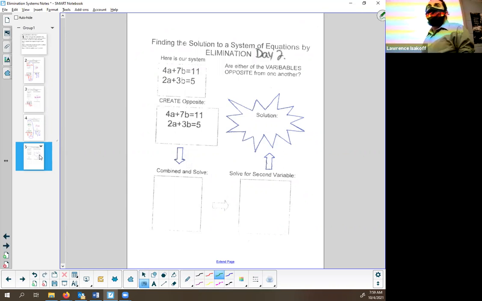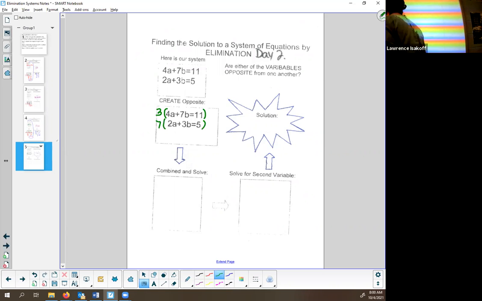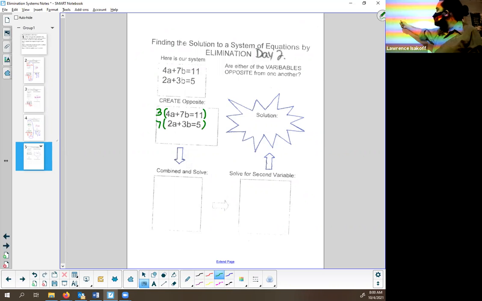See how 3 is in front of the B on the bottom? I want to multiply the top by 3. See how 7's in front here? I'm going to multiply by 7 on the bottom. So I'm doing what's on the bottom, multiply the top by, what's on the top, multiply the bottom by. Now, I don't have opposite signs, so I have to make one of them negative. So I'm going to make the 7 negative.